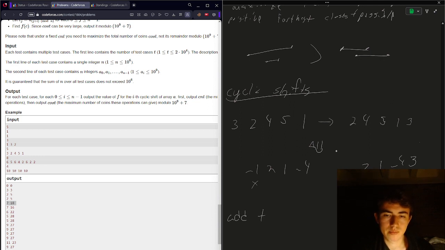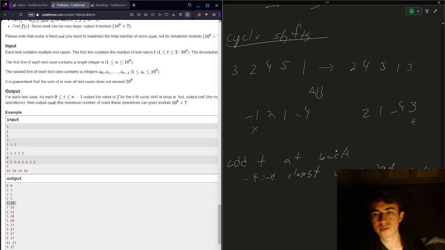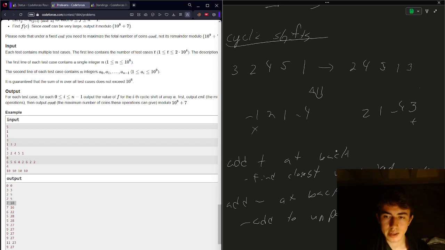Add minus at back: add to unpaired negatives. Right, so these are fine.